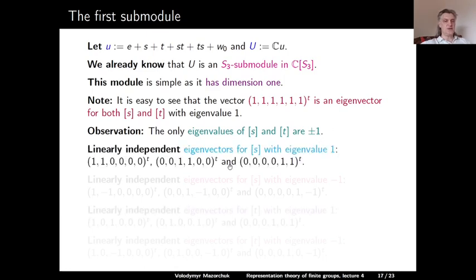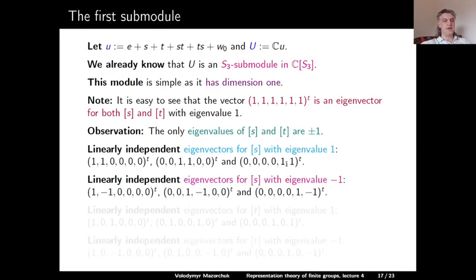It is very easy to check that the linearly independent eigenvectors for S with eigenvalue 1 are 1, 1, 0, 0, 0, 0; 0, 0, 1, 1, 0, 0; and 0, 0, 0, 0, 1, 1. And linearly independent eigenvectors for S with eigenvalue minus 1 are 1, minus 1, 4 zeros; 0, 0, 1, minus 1, 0, 0; and 0, 0, 0, 0, 1, minus 1.